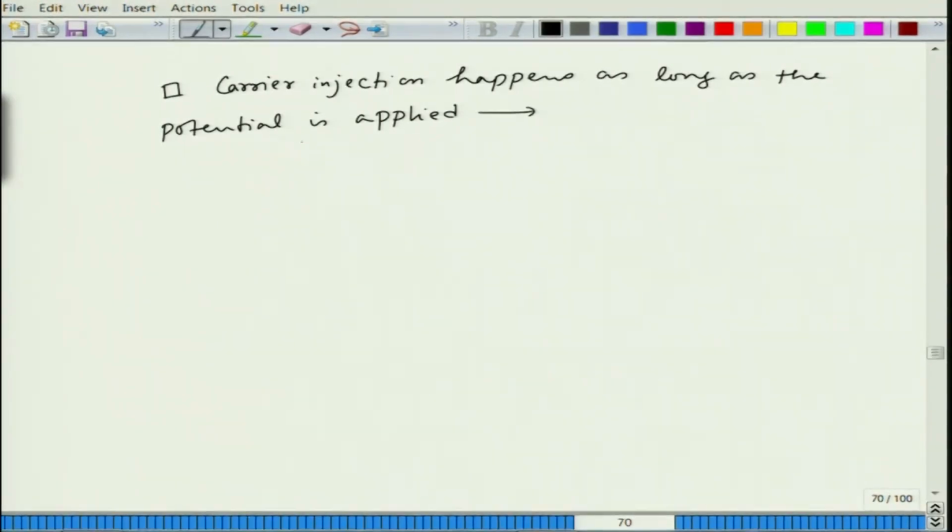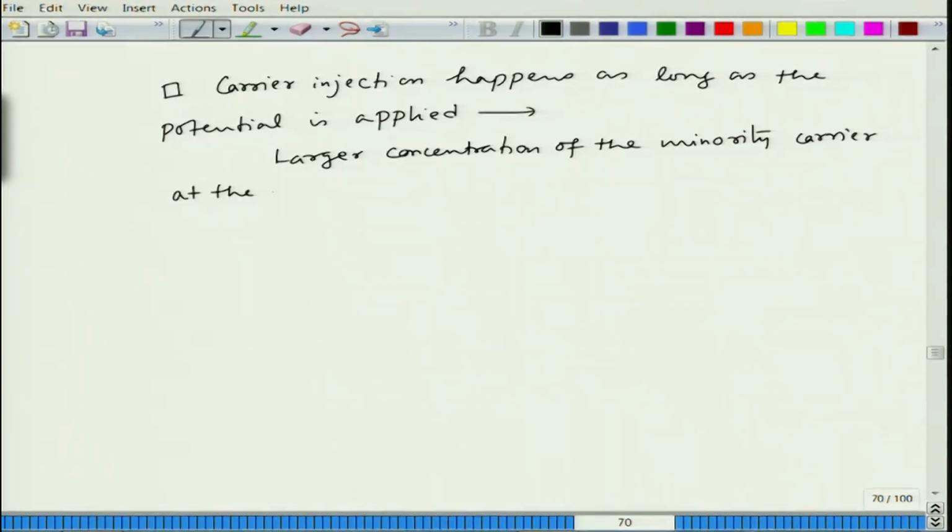Now, this carrier injection is causing a larger concentration of the minority carrier at the edge of the space charge region.